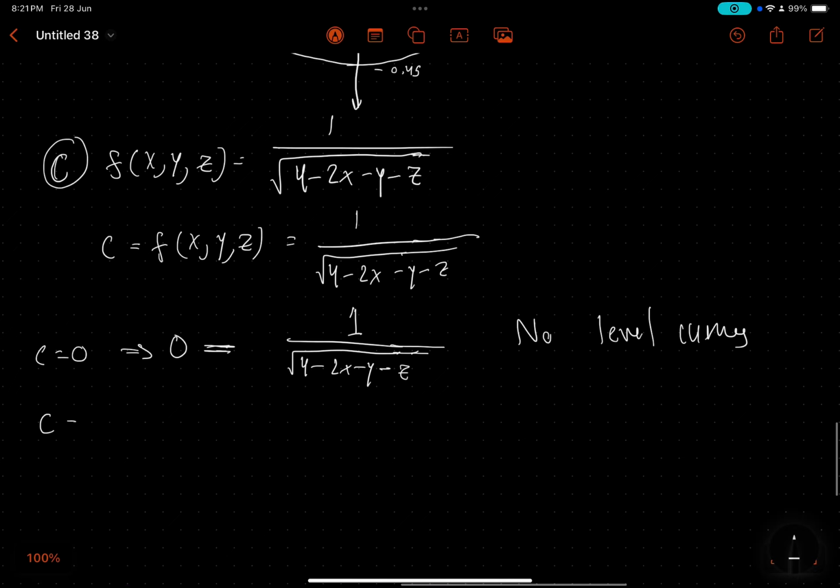Now let's get another value. So c equals 1. 1 equals 1 over the square root of 4 minus 2x minus y minus z.